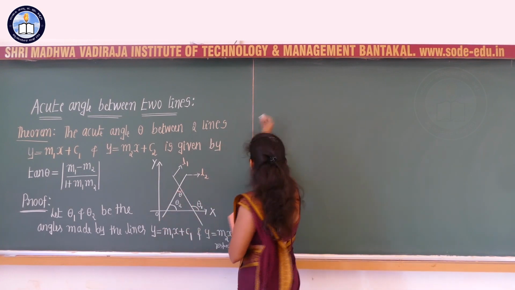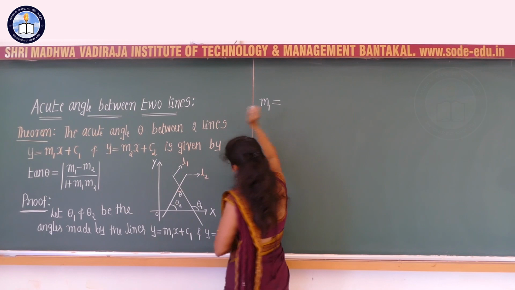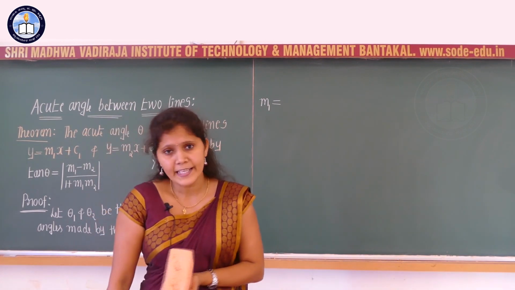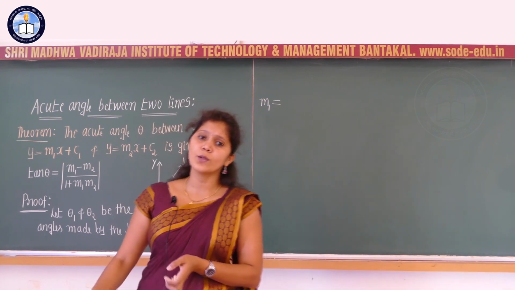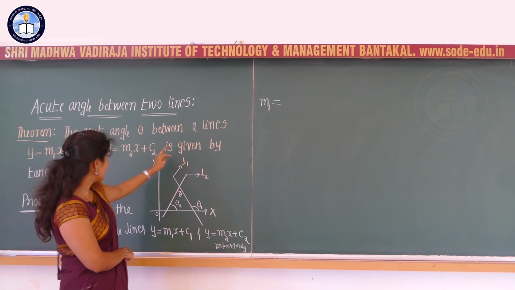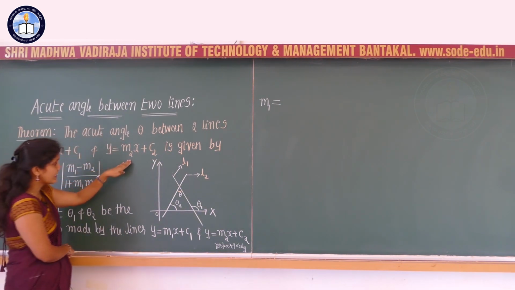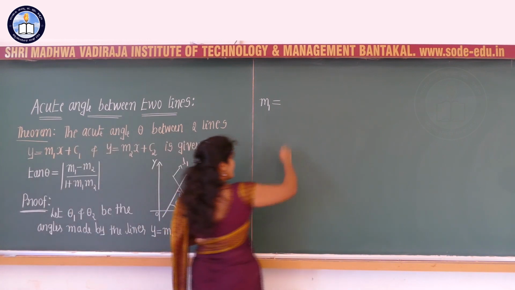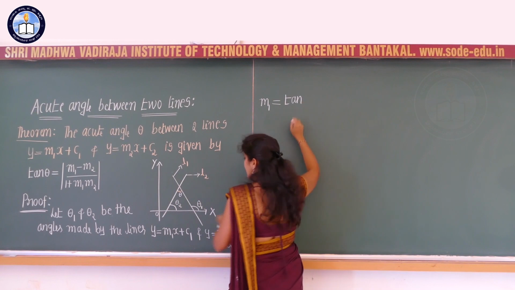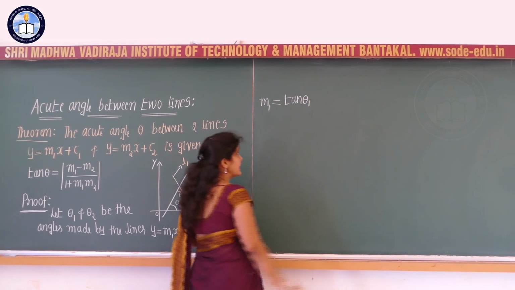So here I can consider the slope of the first line. The slope of a line is the tangent of the inclination of the line, or tangent of theta. For the first line I can consider m1 as the slope, and for the second line m2 is the slope. So m1 is the tangent of the angle made by the first line, that is theta 1.